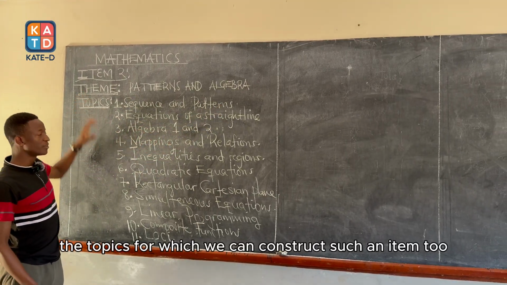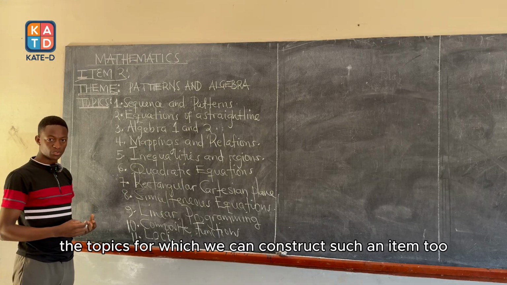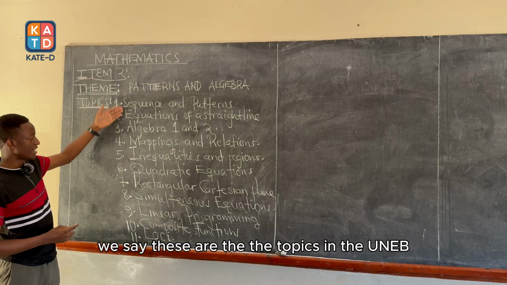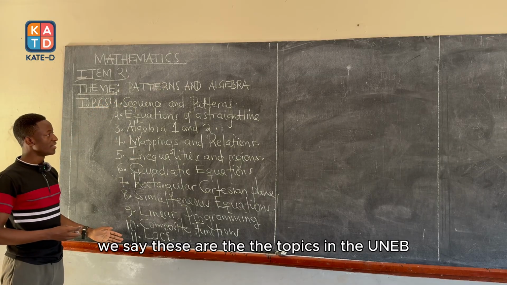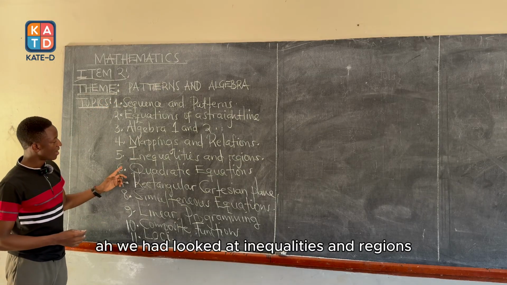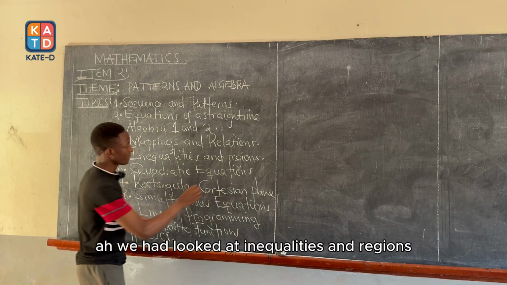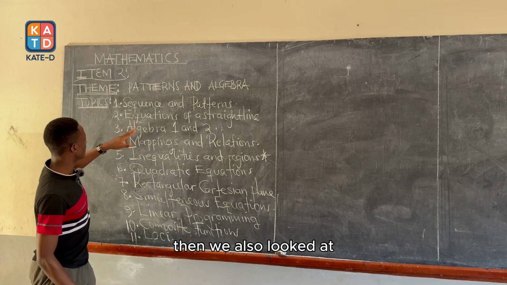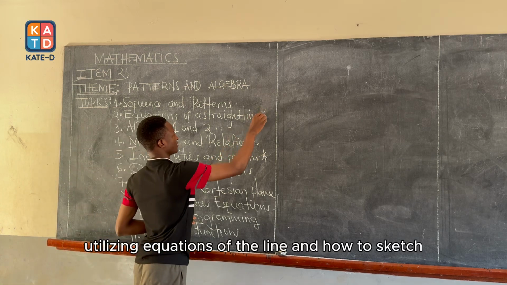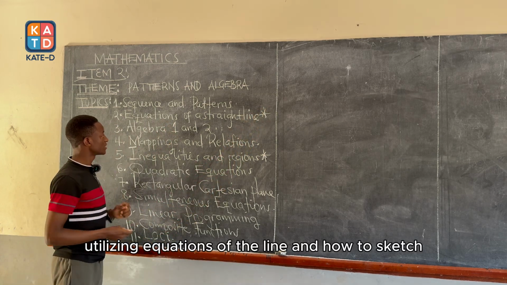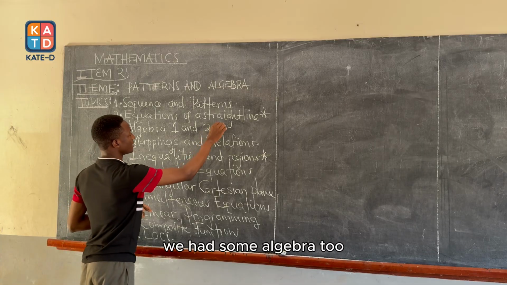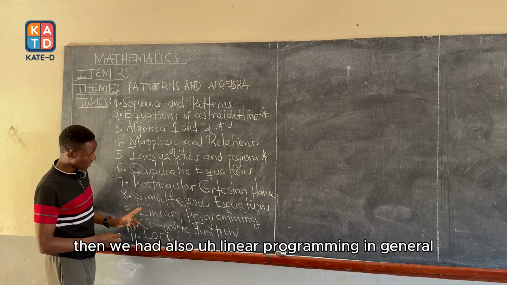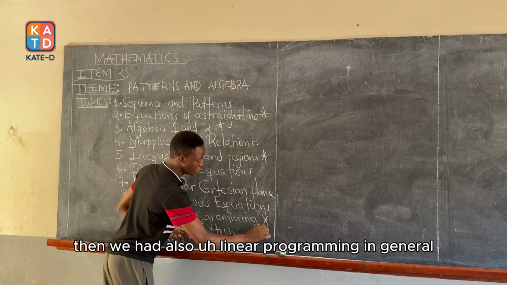The topics for which we can construct such an item 2 in a standard exam, in the UNEB, we had looked at inequalities and regions. Then we also looked at utilizing equations of the line and how to sketch. We had some algebra too. Then we had also linear programming in general.